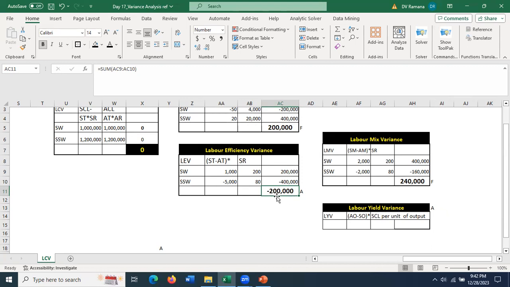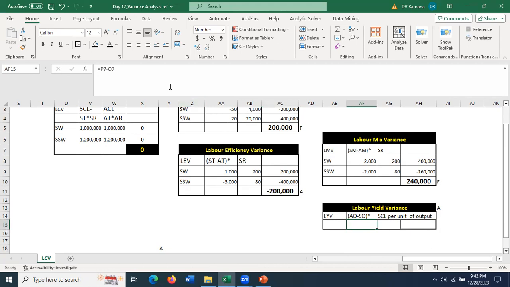The efficiency variance is because of the mix variance and yield variance. By default, yield variance will be efficiency minus mix, but it's always advisable to find it on the basis of the actual output minus the standard output into the standard cost of labor.